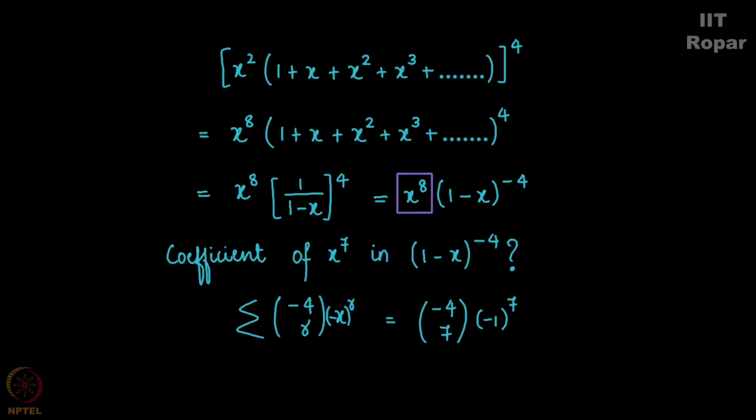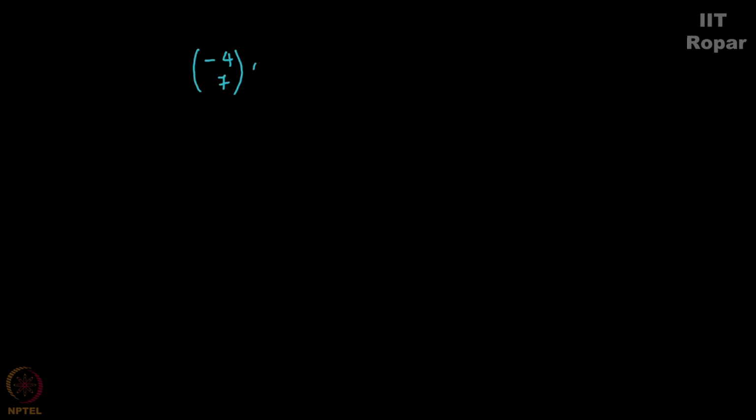This is the coefficient of x to the 7 here. Clear? Because it was minus x to the 7, I take out minus 1 common, to the power 7. Once you solve the problem yourself, things will be much clear to you. Now, minus n choose r can be written as minus 1 whole to the r into n plus r minus 1 choose r.